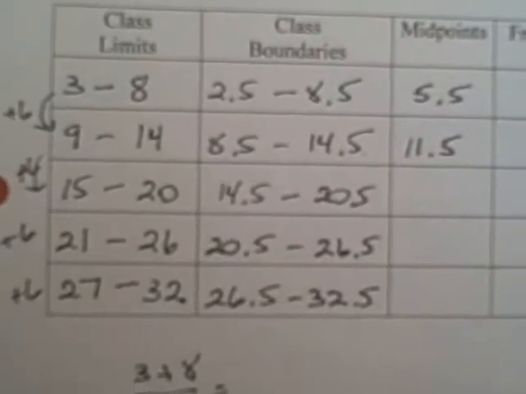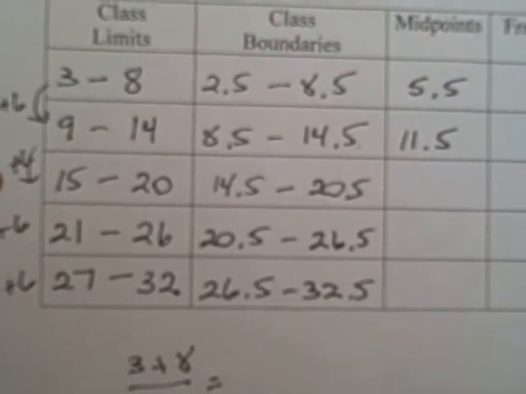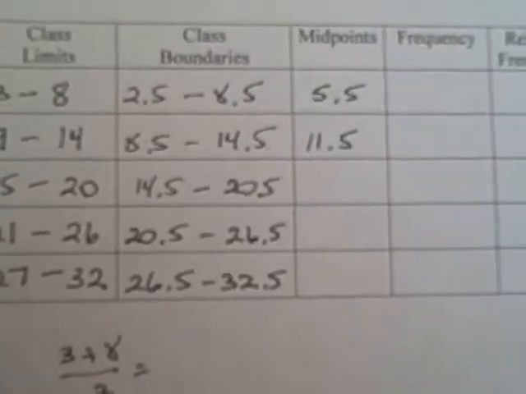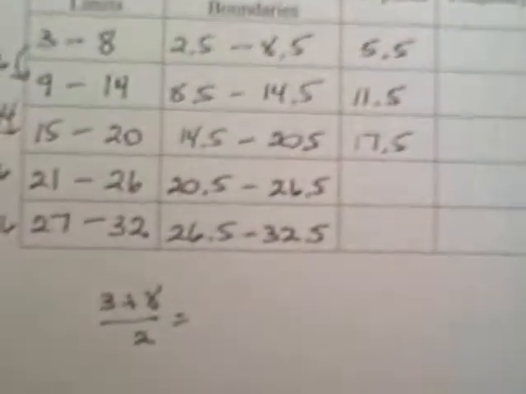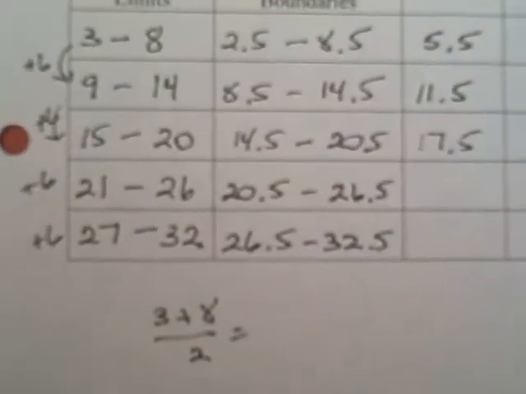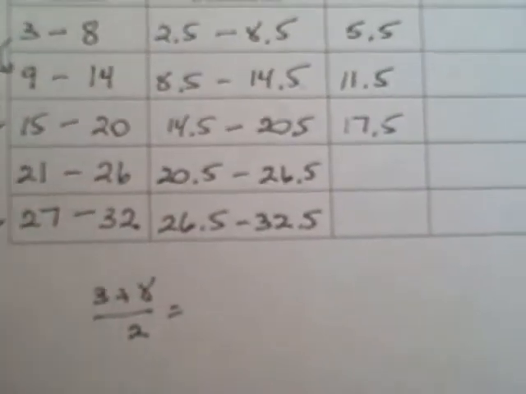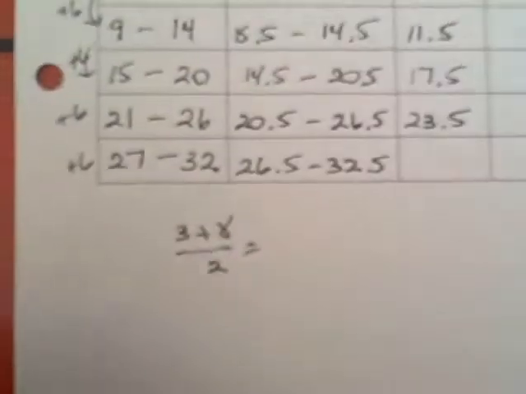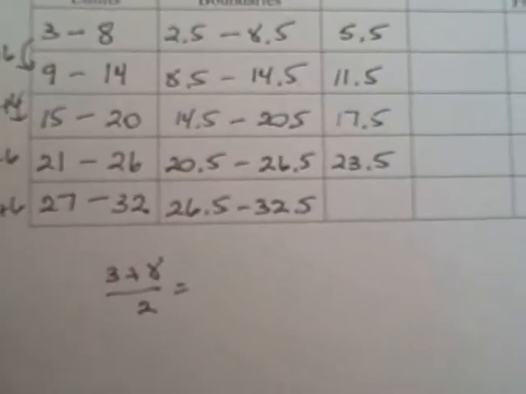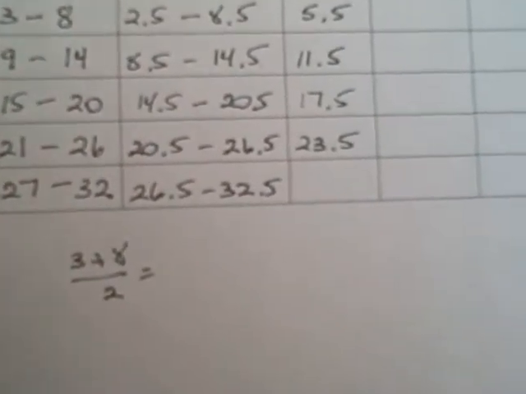Same thing on the third class, 15 to 20. When we add that, we get 35. 35 divided by 2 is 17.5. Fourth class, 21 plus 26 is 47. 47 divided by 2 is 23.5. And then 27 to 32, 27 plus 32 is 59. Divided by 2 is 29.5.